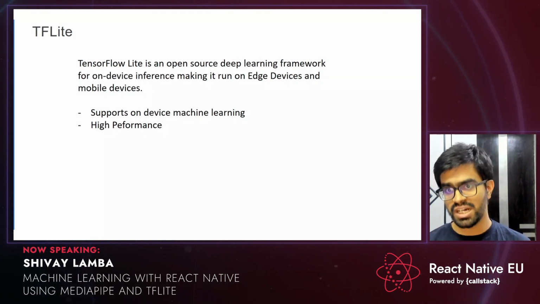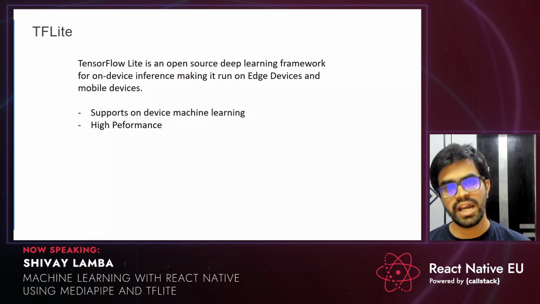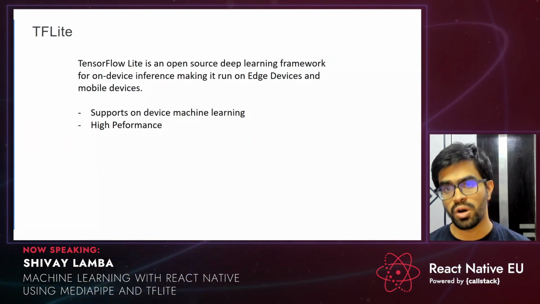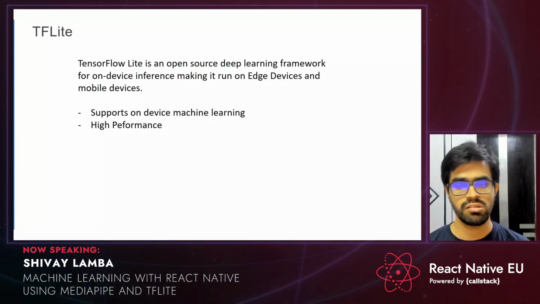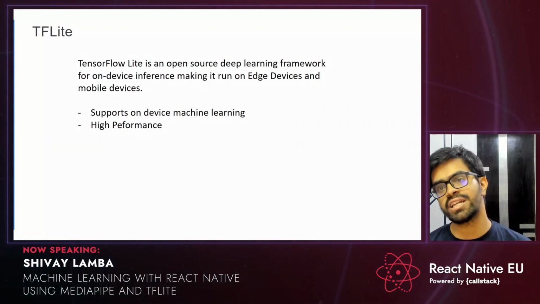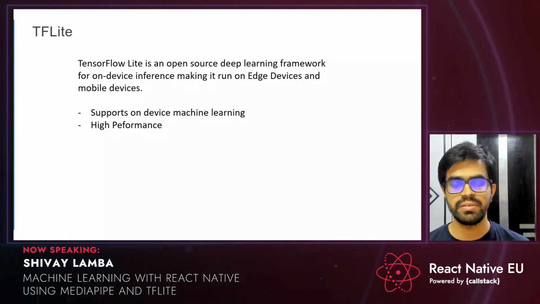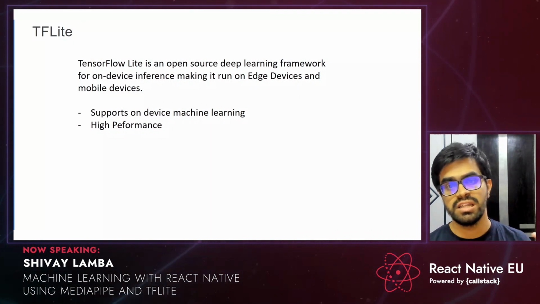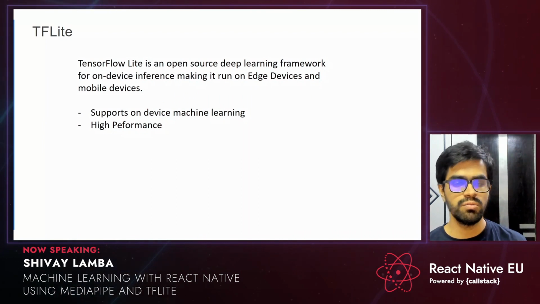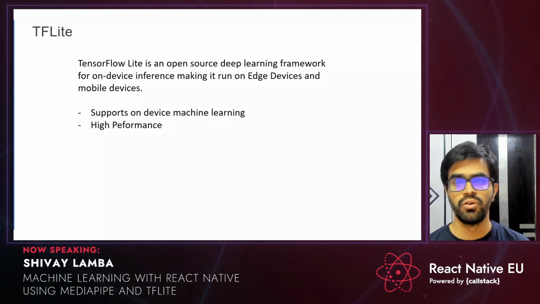But TFLite allows you to convert any kind of TensorFlow based model into a TFLite format that can be utilized on your device. So with TFLite you get much more freedom in terms of what kind of models you want to run. Those might not necessarily be just audio or video based.